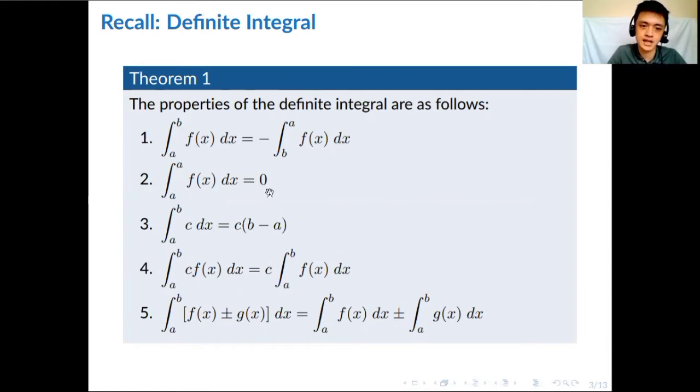So like kailangan maging 0 na yung area niya. Or in other words, yung integral na should be 0. And kapag may constant tayo, it's just c times yung upper limit minus ng lower limit. A constant multiplied to the function, pwede lang ilabas yung constant. And then dito, the integral of a sum is just the sum of the integrals. Okay?